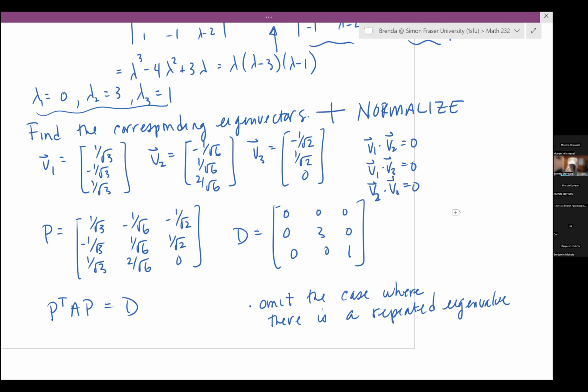So if we had lambda 1 equal to 2, lambda 2 equal to 2, then lambda 3 equal to 4, say, we would, of course, only have 2 eigenvectors. And then what would we put in here? We'd only have 2 columns, and we would need a third column.